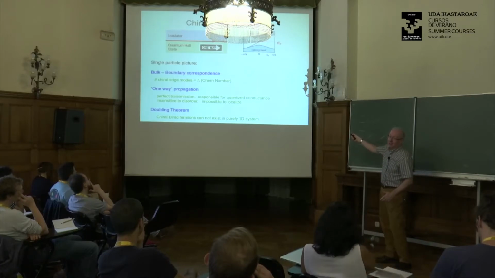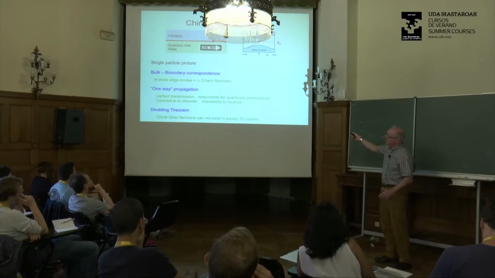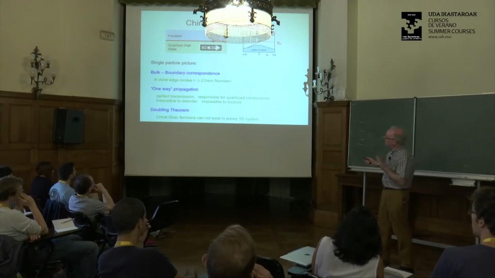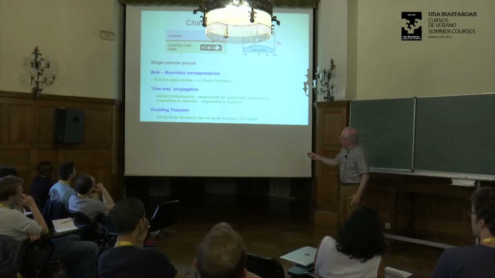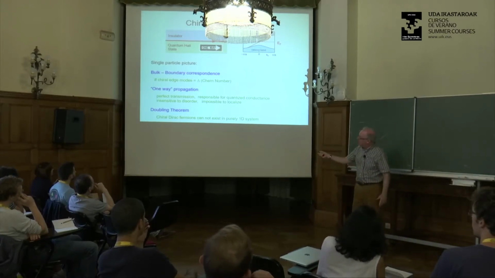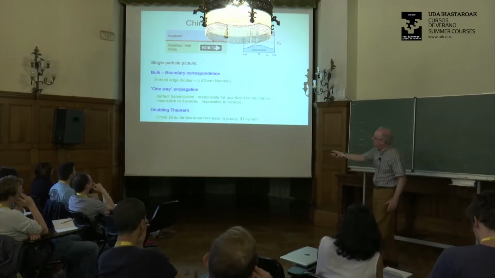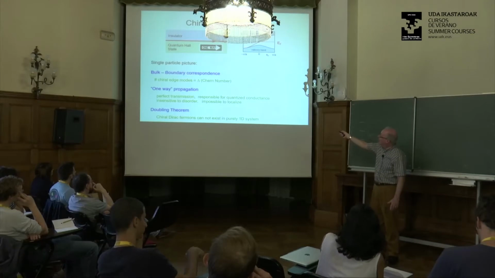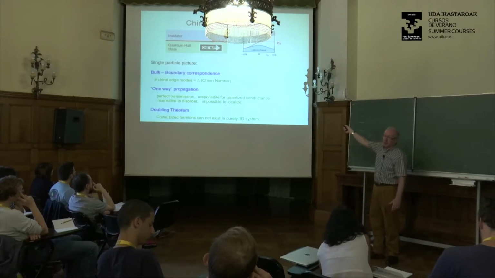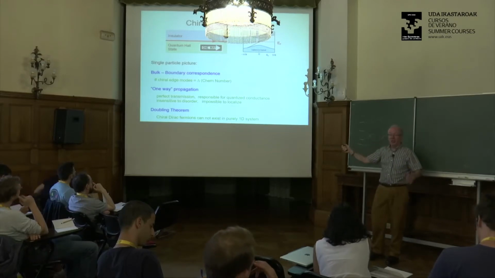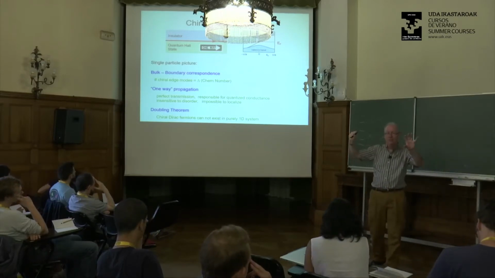That could happen, but there always has to be one state which goes from the bottom to the top, and that's what's guaranteed. And so in a sense this follows from a deep principle, which is the bulk-boundary correspondence: the number of these chiral edge modes, the number of modes that go from the bottom to the top, is equal to the change in the Chern number across the boundary.